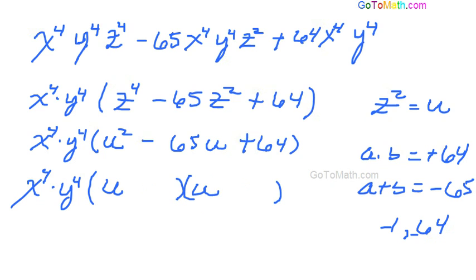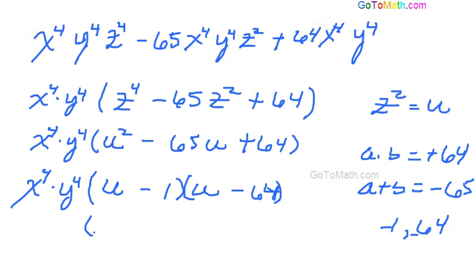Alright, what are we doing here? So we got minus 1 and then minus 64. So u times u is u squared, u times negative 64 is negative 64u, minus u is negative 65u, and then we have a minus 1 and minus 64, multiply them together and you get positive 64. And now we go back and we're using z, aren't we?